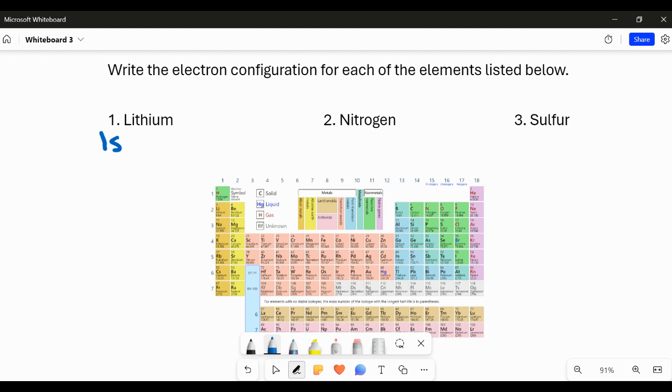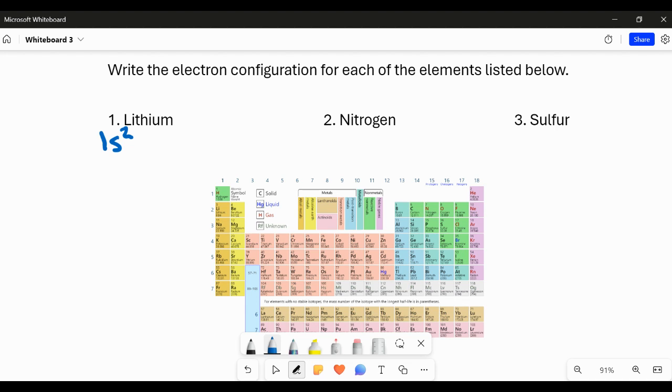Now, the s-type orbitals can hold a total of 2 electrons. Because lithium has 3 electrons, we can fit 2 of those electrons into the 1s orbital. So we're going to write this as 1s2. The exponent position 2, otherwise known as a superscript, represents the fact that there's 2 electrons in the 1s orbital.